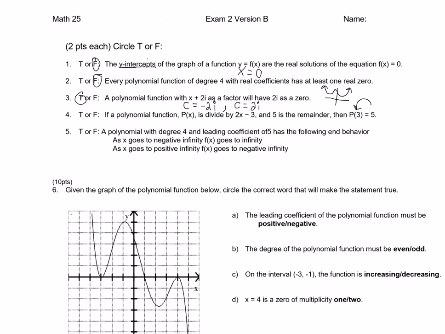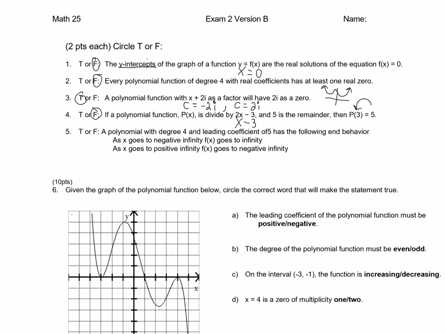But here, this 3 is not this 3, because that only works when they give you x minus 3. But what do they give us here? They give us 2x minus 3. So this does not imply this. If they gave us x minus 3, then we absolutely can conclude this. But here they give us 2x minus 3. So this is absolutely false.